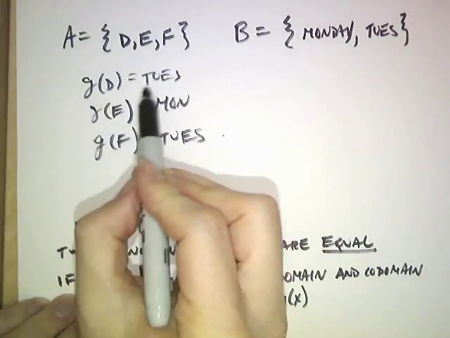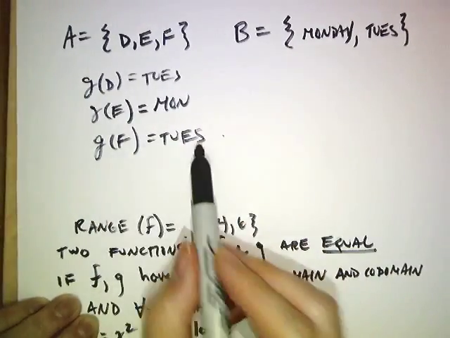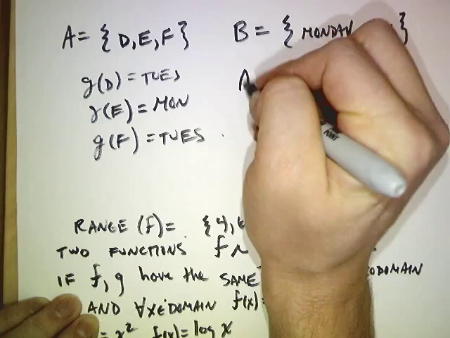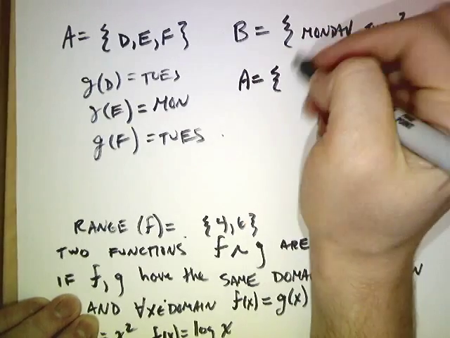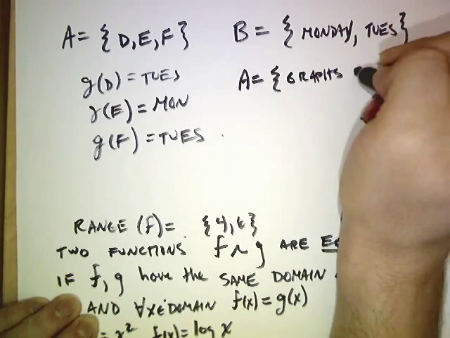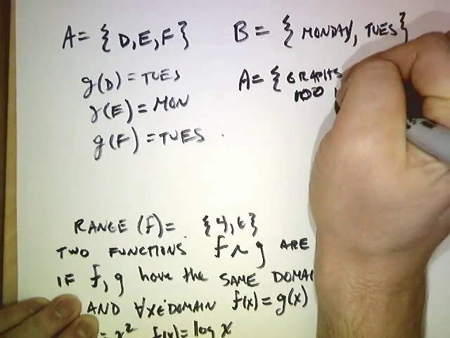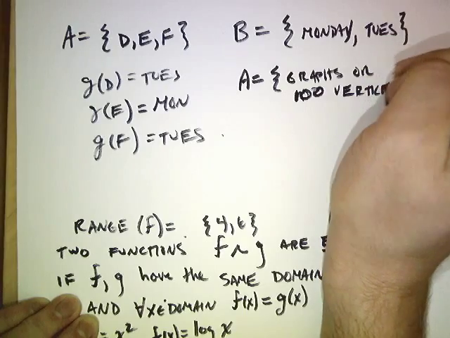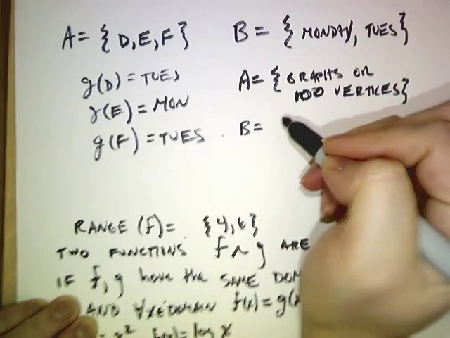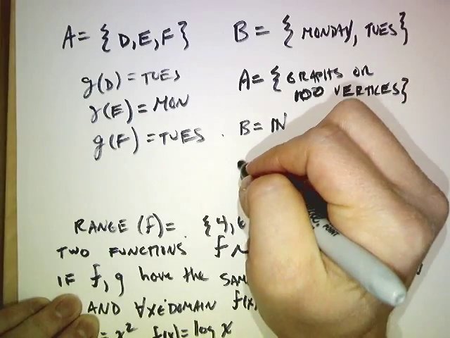So again, we have to assign one value of B to every value of A, and they don't have to be numbers. We could have a function H, where we let A be the set of all graphs on, let's say, 100 vertices, and we could let B be the set of natural numbers.